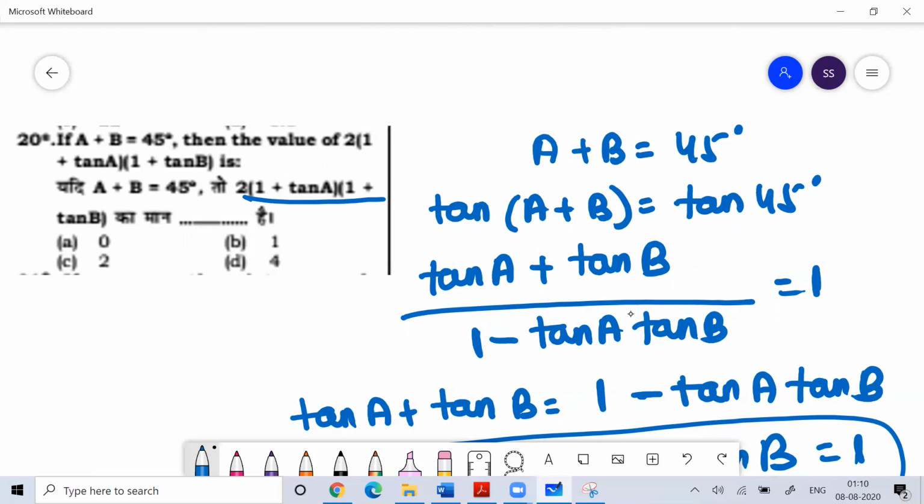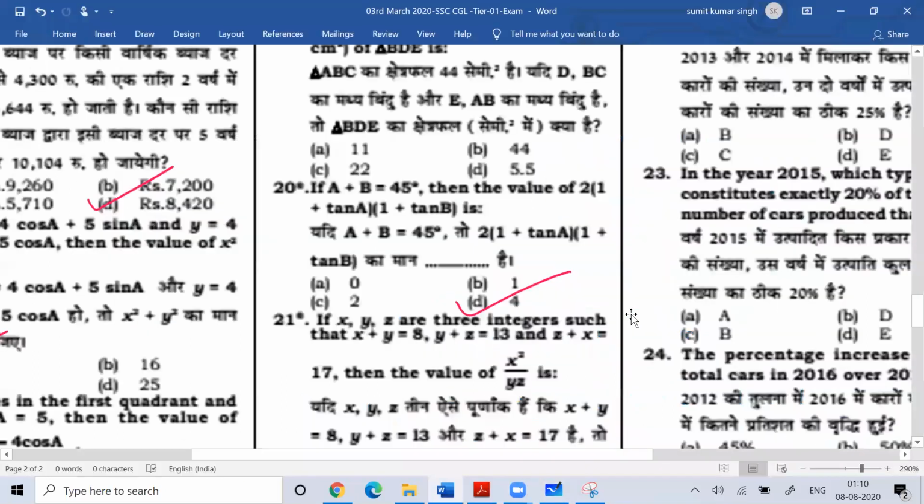Tan a minus b is tan a minus tan b divided by 1 plus tan a tan b. All that you can understand. I have made more than 5 videos on trigonometry, the formulas, the ratios, all that. You can watch the video on trigonometry and solve this question very easily. So please go and watch my video if you have any doubt on that.